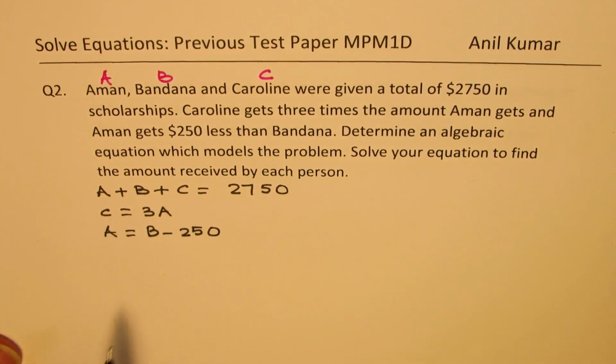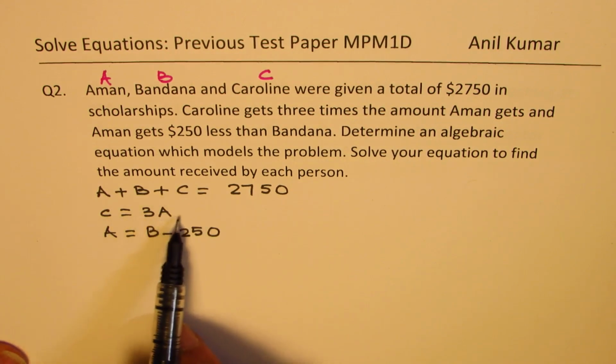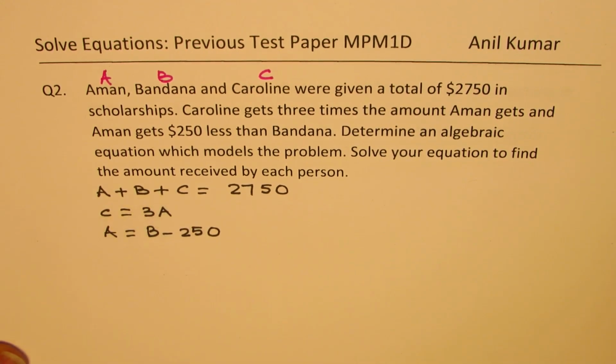So now we've got all this, right? We can substitute the value of C as 3A and A as B minus 250 in this equation, correct? Then we can find each value.